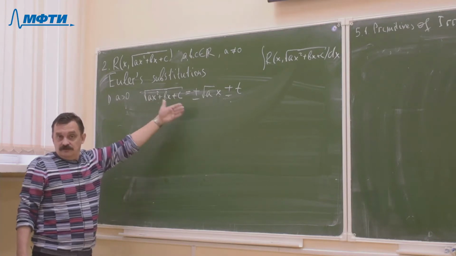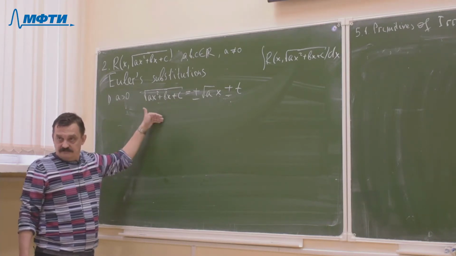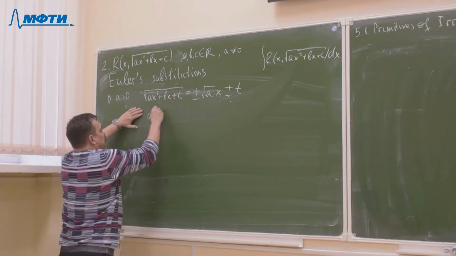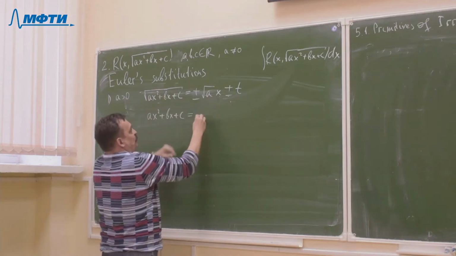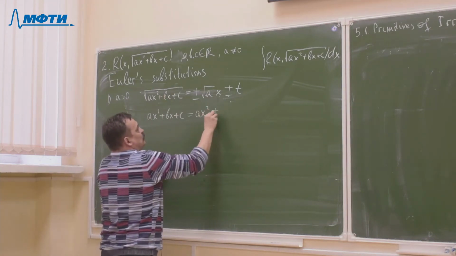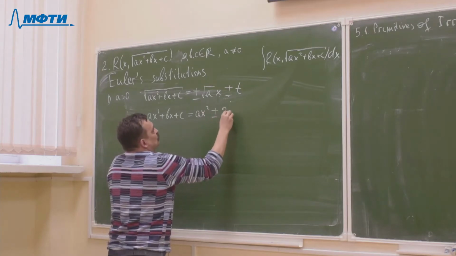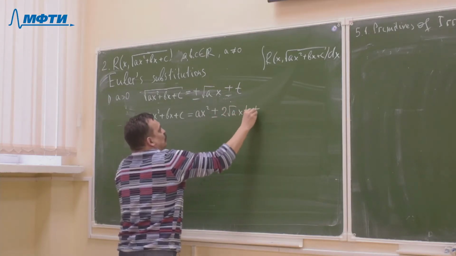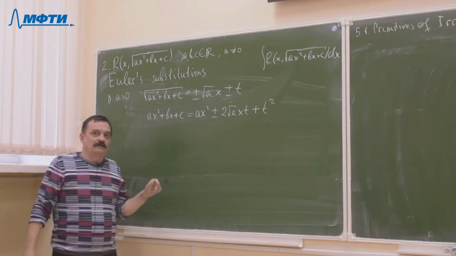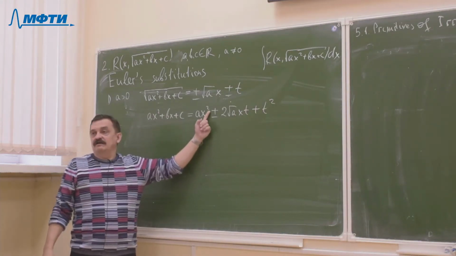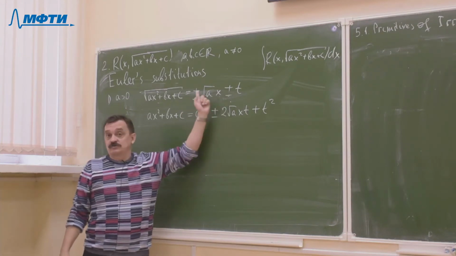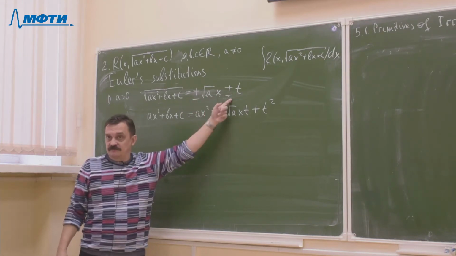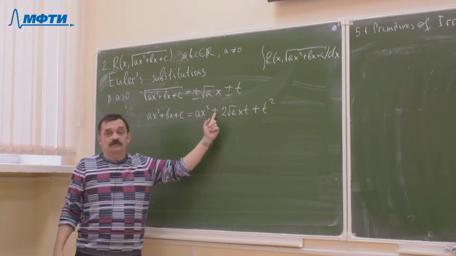How? Take a square of both sides. What do we obtain after squaring? We have the following: ax squared plus or minus 2 square root of a x t plus t squared. So here, plus or minus is determined by what? Either we choose equal signs or different, right? If they are equal, then we have plus here.